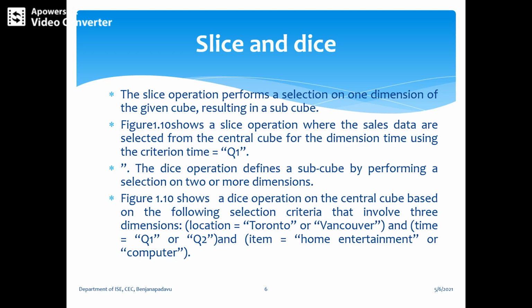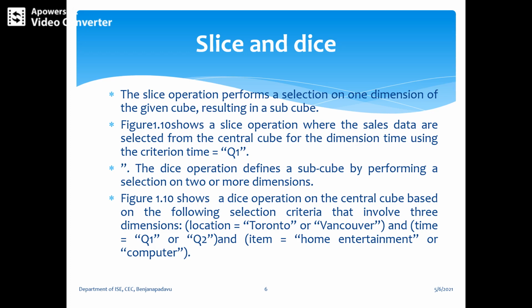We take Q1 because there are Q1, Q2, Q3 and Q4 available, but with a slice we take only one, so only the Q1 result is available.